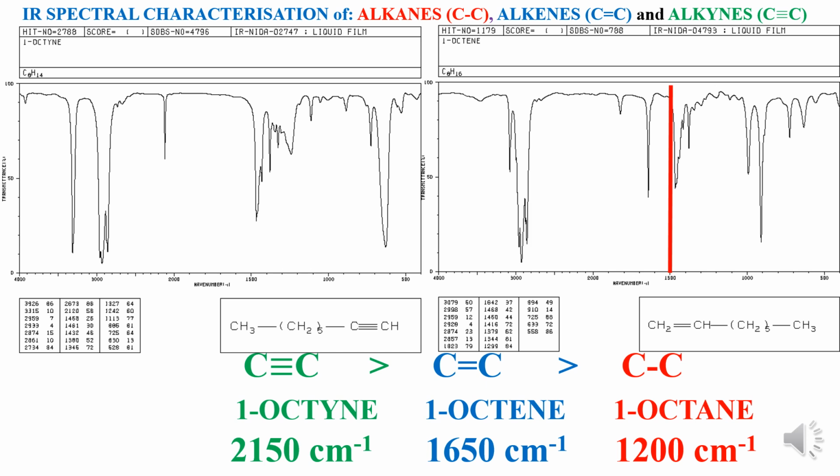So let me draw a reference line here so as to separate the fingerprint region from the functional group region. Now the fingerprint region is also considered as the single bond region because most of the absorptions due to carbon-carbon stretching appear in this fingerprint region, because the carbon-carbon single bonds are weaker as compared to the carbon-carbon double bond.